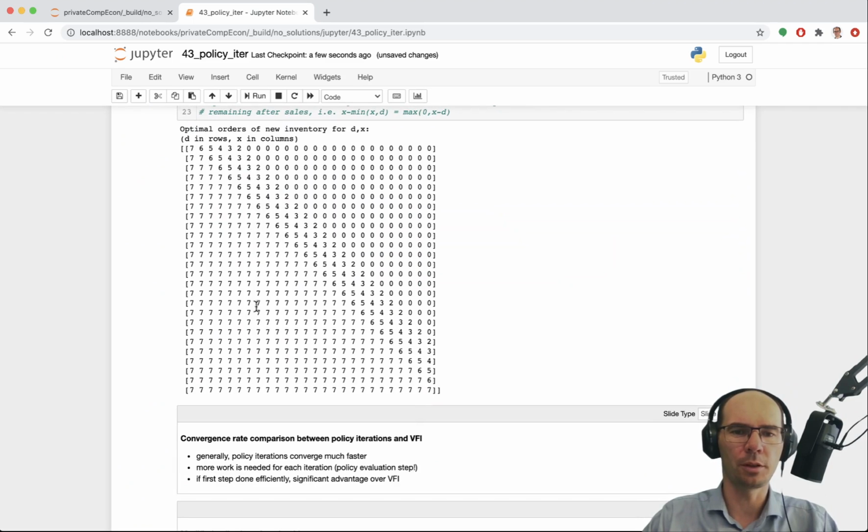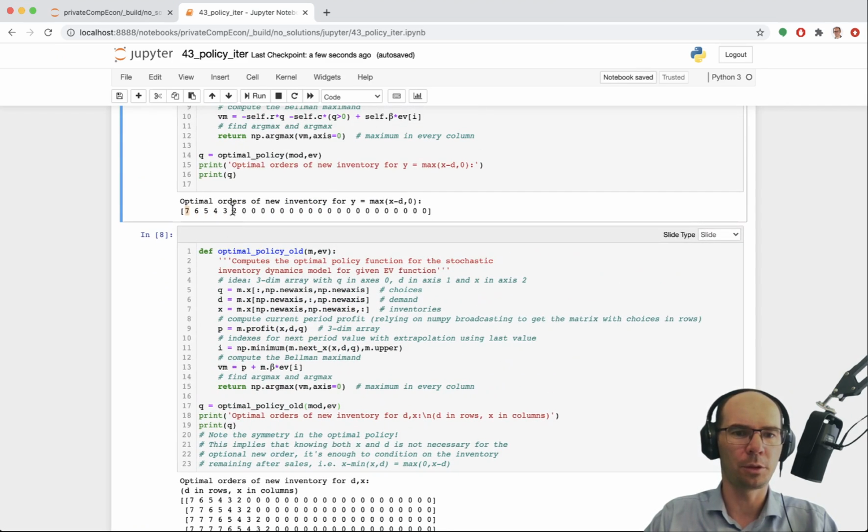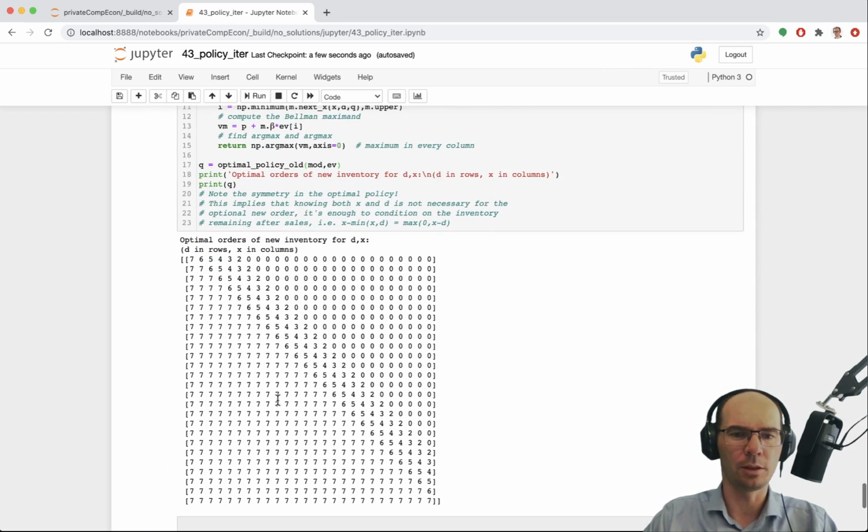And then for lower levels of post-trade inventory, which would appear on this diagonal, we're ordering 6, 5, 4, 3, 2, and then zeros after that. And that's exactly what we have here. So it's like we're looking at the diagonal of this matrix, properly aligned. Or you can also say that this is like a last column reversed. Now, first row.